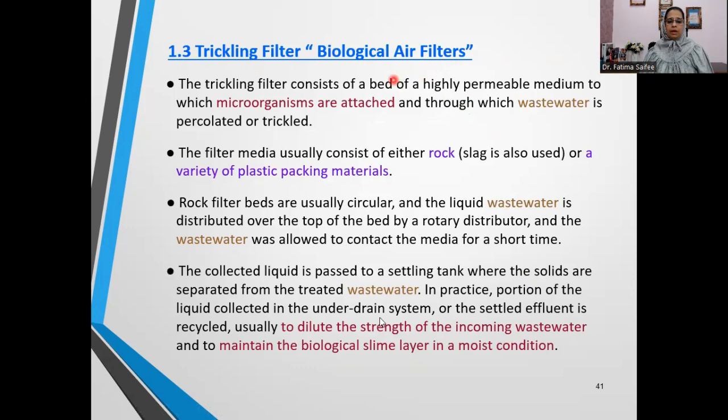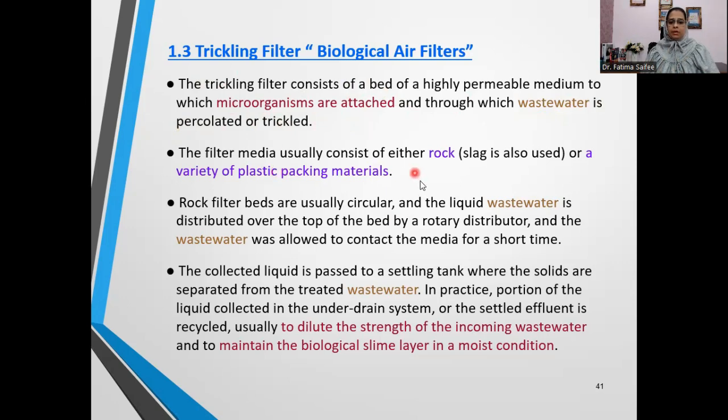Next, we'll come to the trickling filter, the biological filters. This also works very well for the same purpose, but trickling filters work like filtering water. It is in the form of a bed of highly permeable medium to which microorganisms are attached and through which wastewater is percolated or trickled. It will move like that.